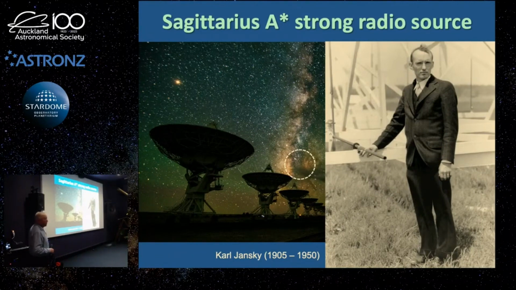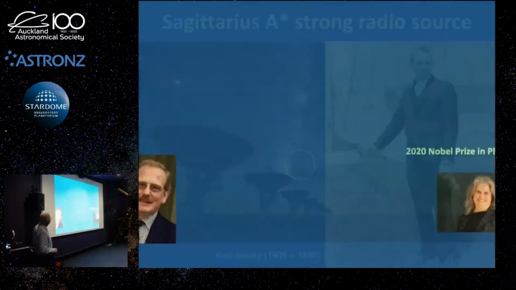He is considered the father of radio astronomy. Just as we have newtons for force, a lot of your units are named after famous people. The unit used in radio astronomy is the Jansky, because of Karl Jansky. He only lived to about 45, a very sad, untimely death.